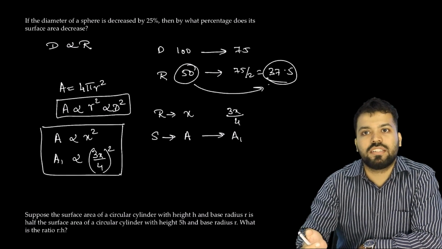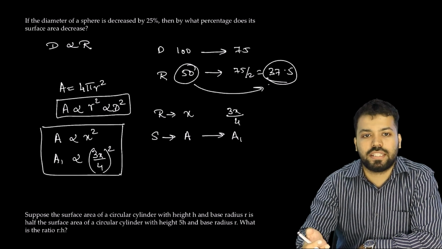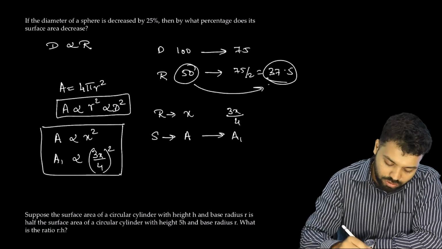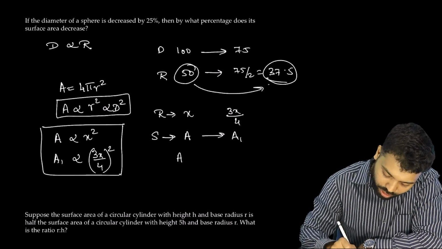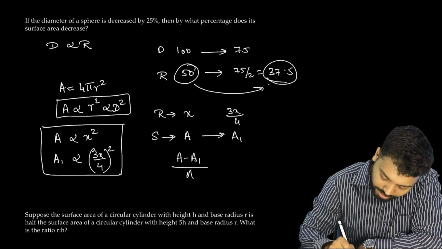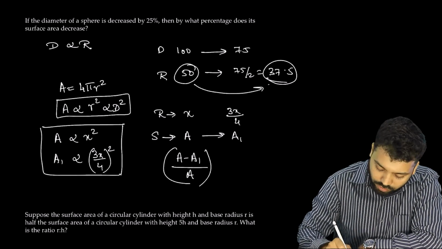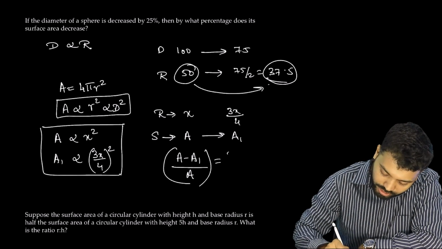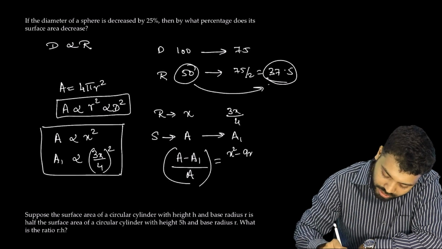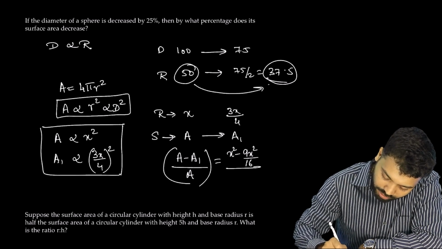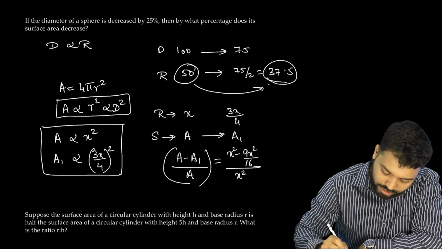But they have asked by what percentage it has decreased. So what we have to do is A minus A1 divided by A. We have to find this value. If I want to find this value, what do I get? x square minus 9x square by 16 divided by x square.